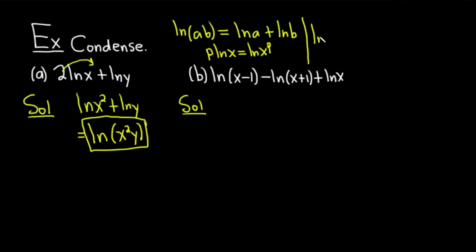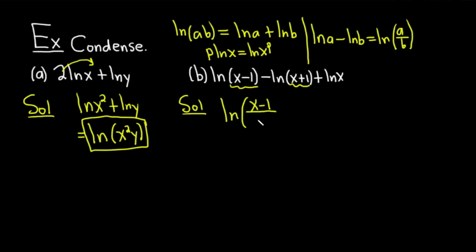It says if you have the natural log of A, I'll write it backwards for you, minus the natural log of B, that's equal to the natural log of A over B. So here, this is our A, the x minus 1, and the B is x plus 1. This becomes the natural log of x minus 1 over x plus 1. And then we still have this plus ln x, which is just hanging out there. So it's really important to write it.